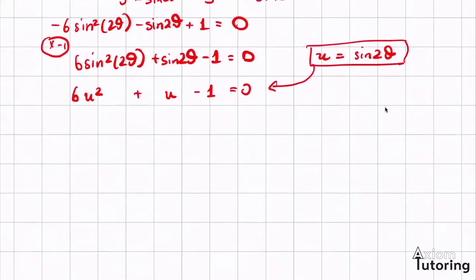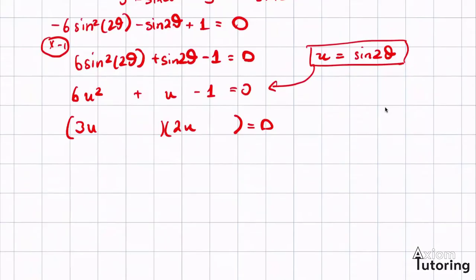You can either use the quadratic formula or you can factorize here. I'm going to factorize. So 3u in the first bracket, 2u in the second. So now we have to think about the numbers that go here and here.